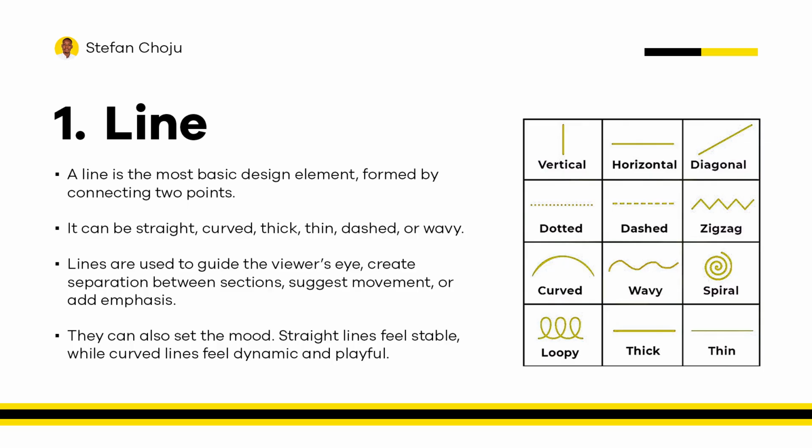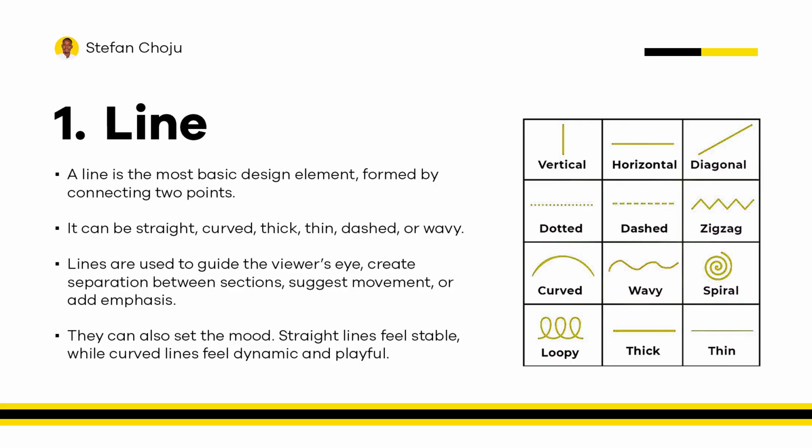But on more serious posters, like finance or real estate, you see straight lines, because it gives that serious look. So you can see how just by using a simple line, you've affected the emotional state of the person looking at the flyer, or you're appealing to a different kind of audience just by choosing the right line to use. So a line is a very important design element that you should not joke with.